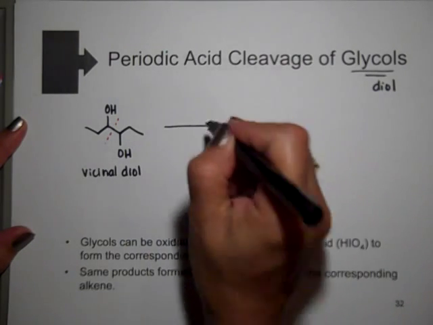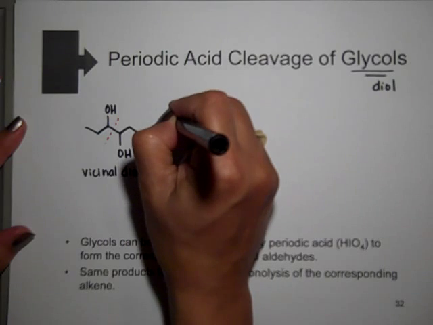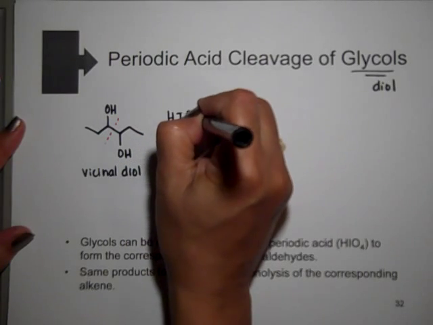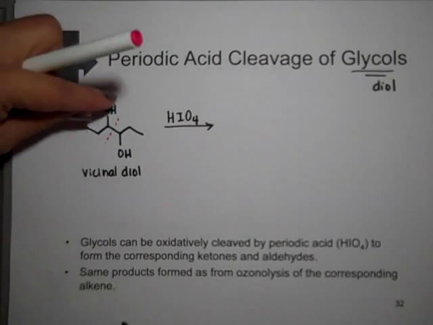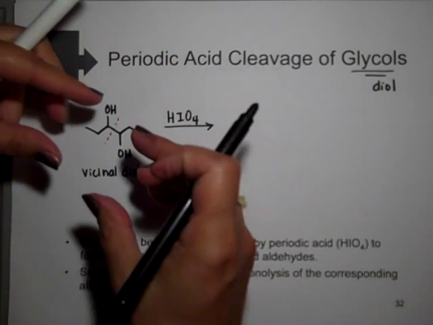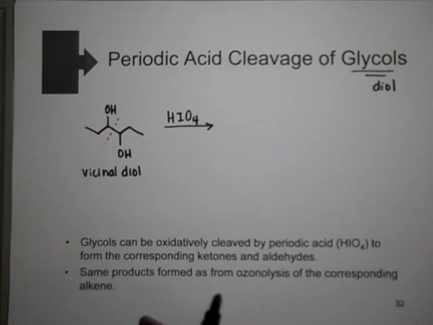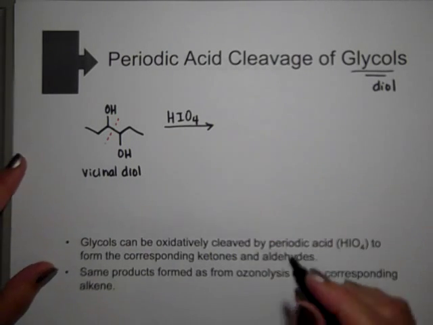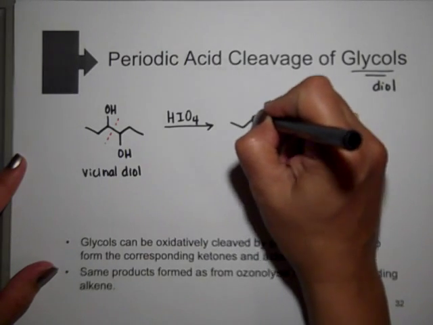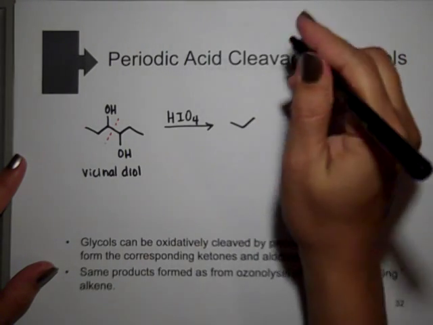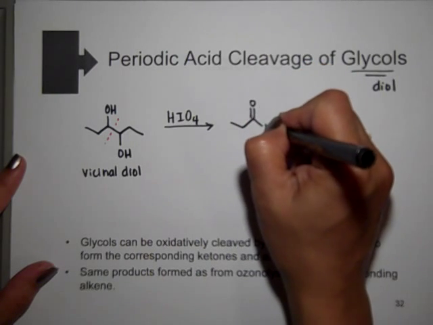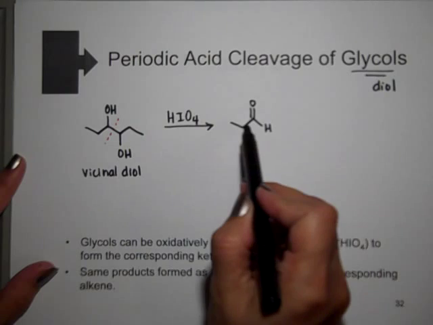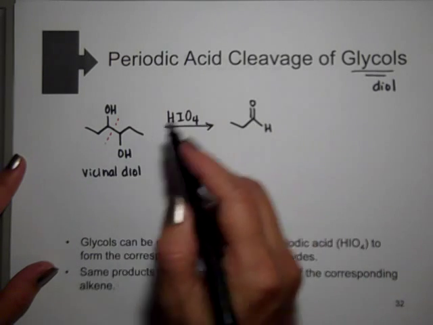And you add periodic acid, HIO4. Again, the reaction is like an ozonolysis. So you're going to cleave the bond, you're going to separate them. Notice that I put a nice and symmetric alcohol. And you're going to oxidize once, both sides. So this one, there's a hydrogen there, so it's still going to be there at the end.